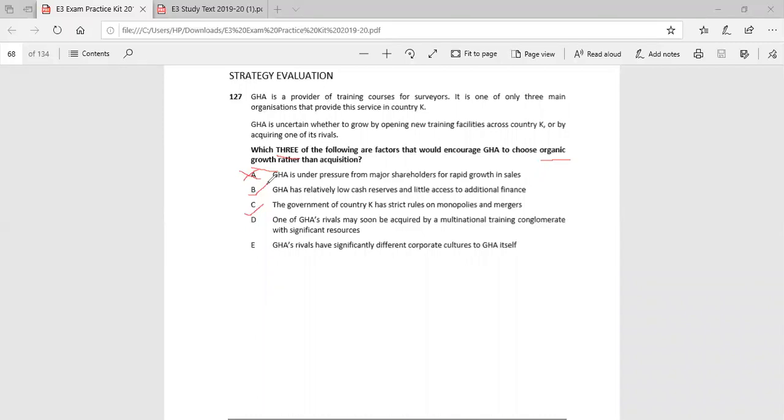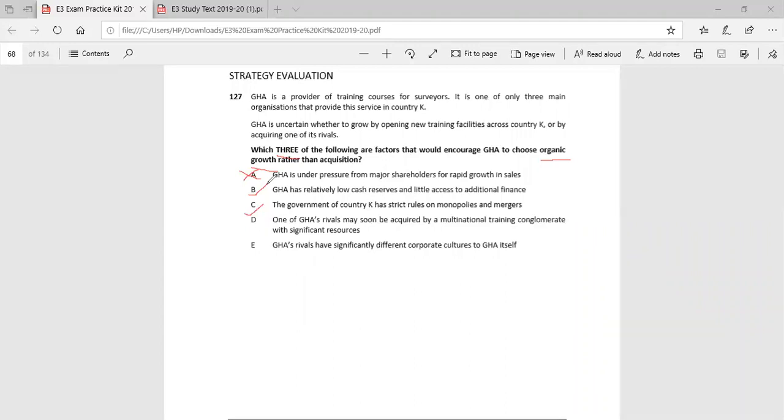Conglomerate is one type of merger, a combination of unrelated, diverse products. So one reason is that one of GHA's rivals may soon be acquired by a multinational training conglomerate with significant resources.